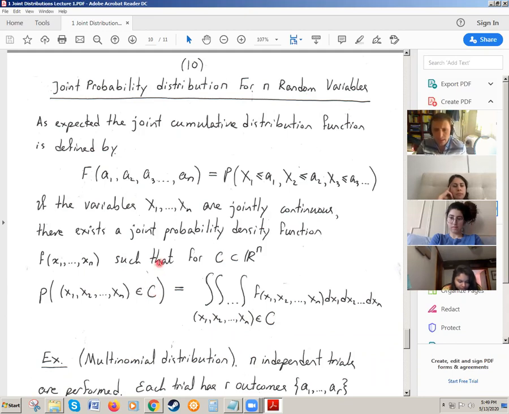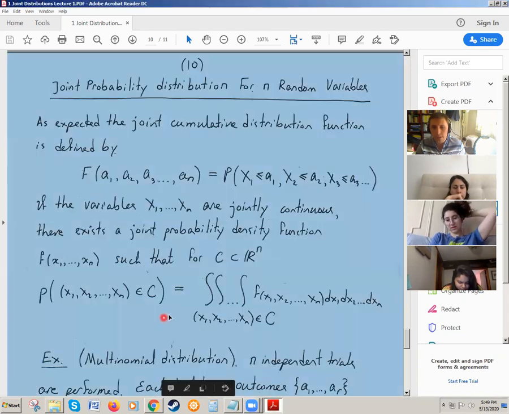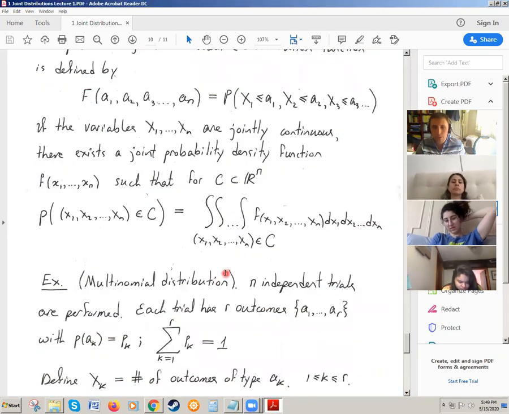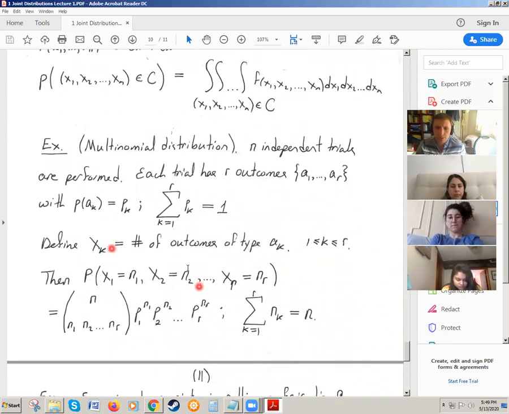You construct, so to speak, multi-dimensional histograms or multi-dimensional boxes, and the boxes stand for probability. I mean, it's not so crazy. It's pretty natural almost, right? You might think. And the immediate example that you can think about is the multinomial distribution.